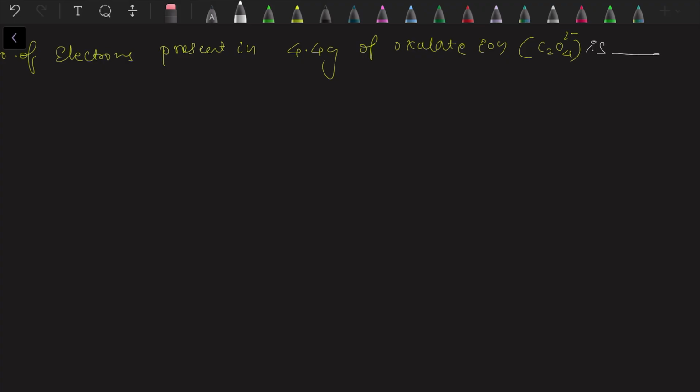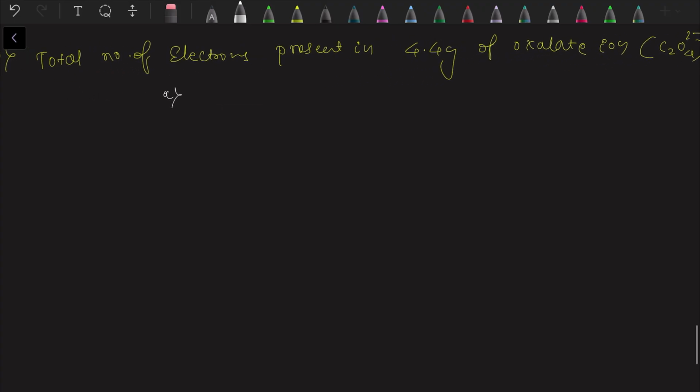Option A 0.05 Na. Option B 2.3 Na. Option C 2.2 Na. Option D 2.1 Na. See, all the values are nearby only, so be careful while solving these types of questions.